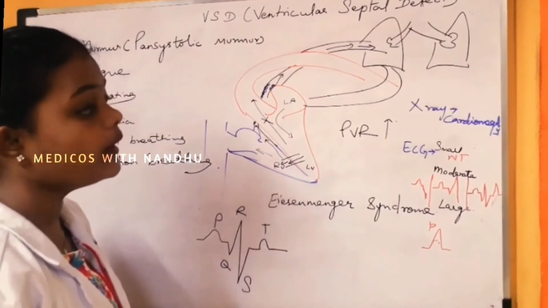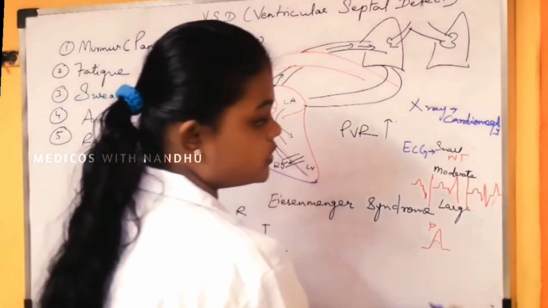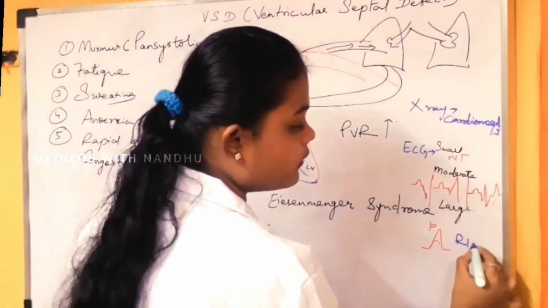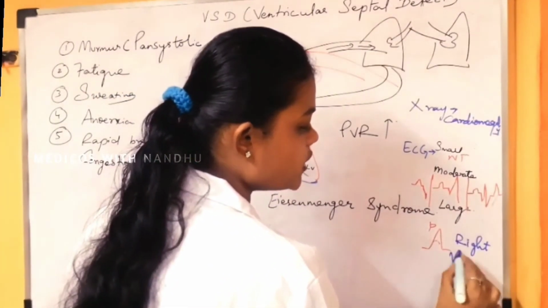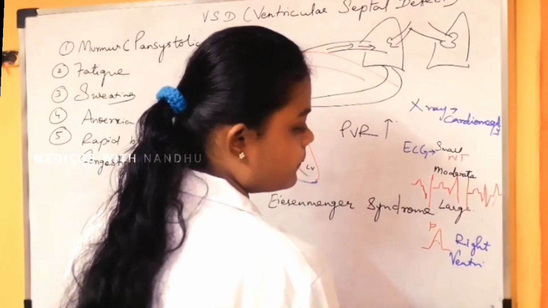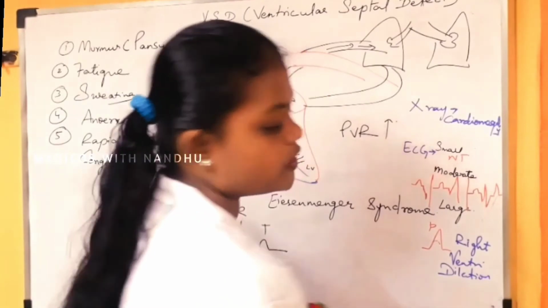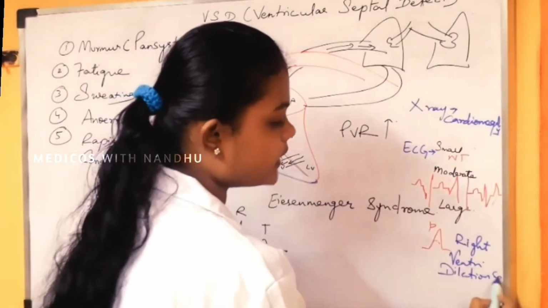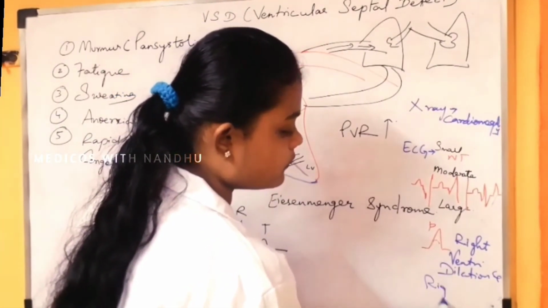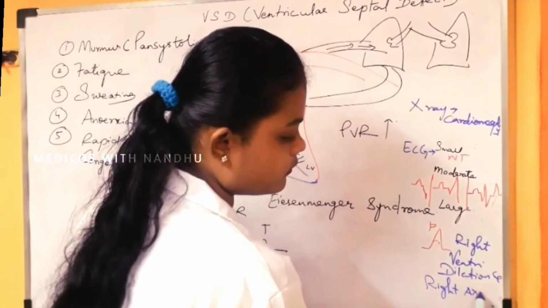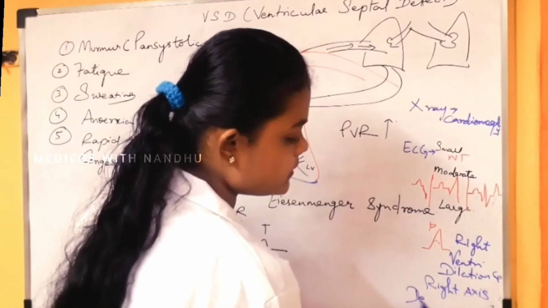And we have one more thing in large: right ventricle dilation will be present, as well as right axis deviation.